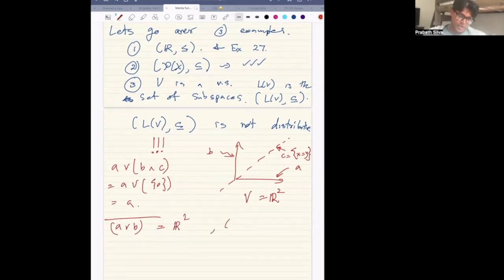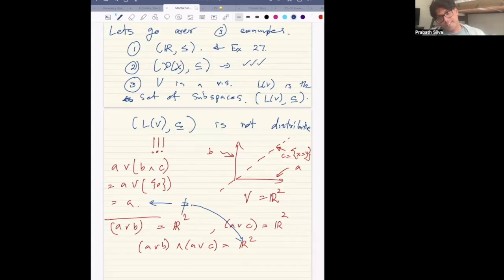And also A ∨ C is also going to be R2. So if you take the intersection of A ∨ B and A ∨ C, that's going to be R2. So these two things are not the same. This is not equal to this. So that means the distributive property doesn't hold.